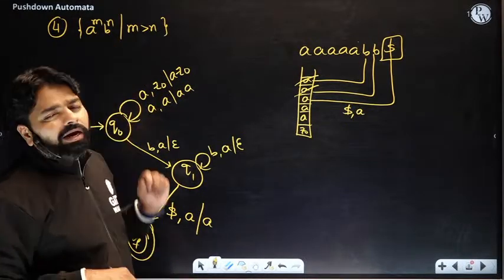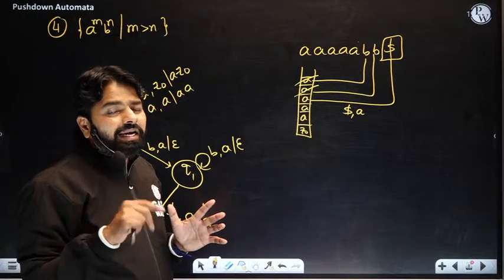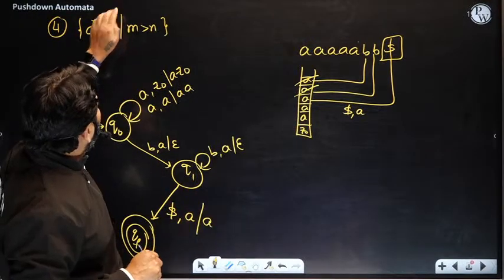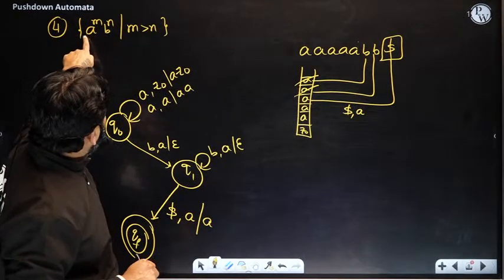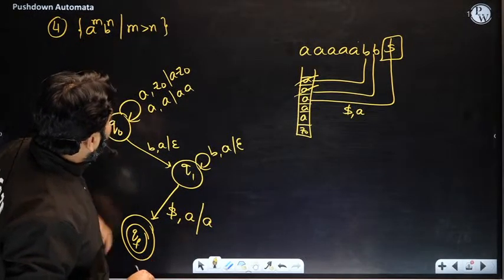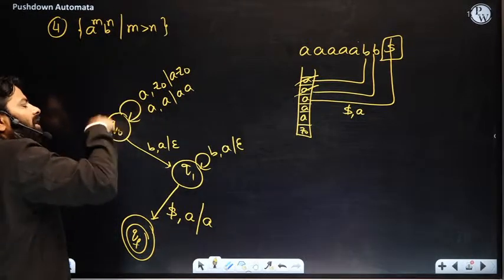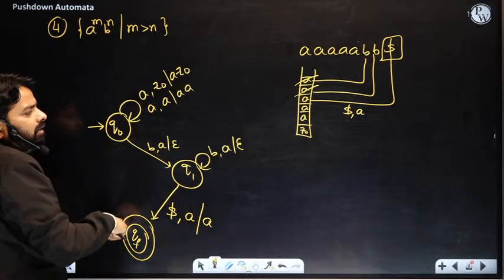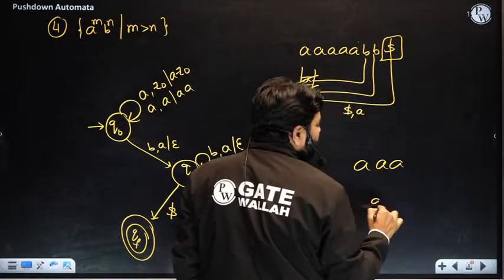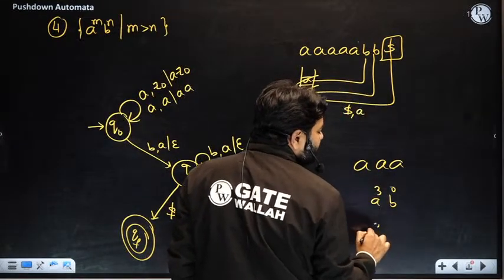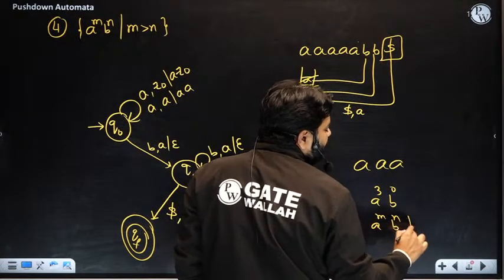Who is greater? A's. Without B's, A's can happen, because when B power 0, A's can be any number except epsilon. So here at least one A can happen, only A's are coming and after that no B. If you see only A's, it means A power 3, B power 0, that is A power m, B power n with m greater than n.